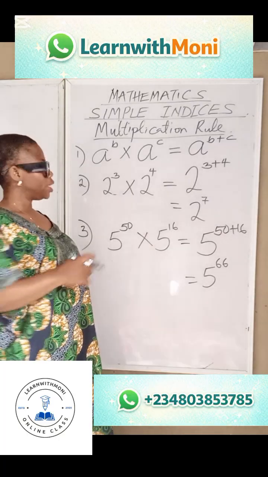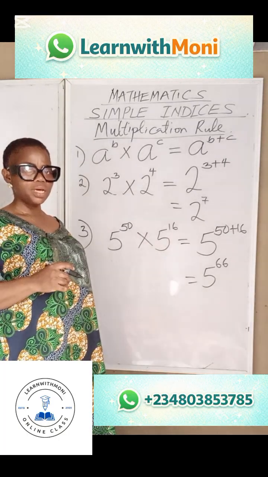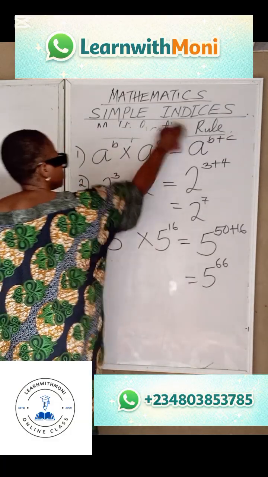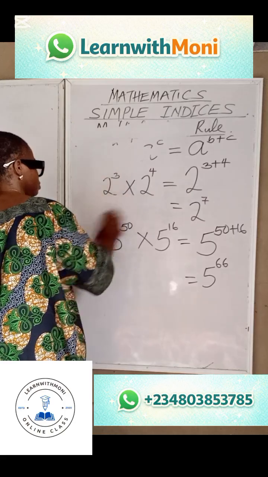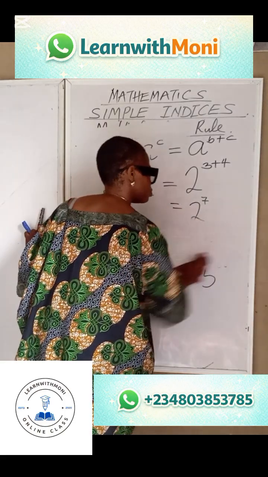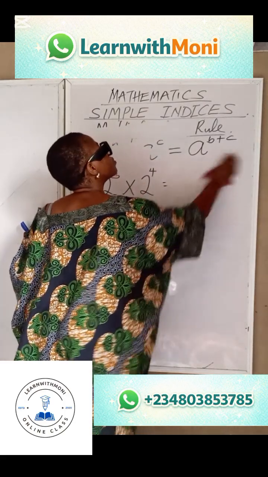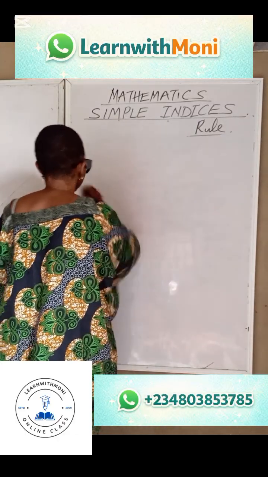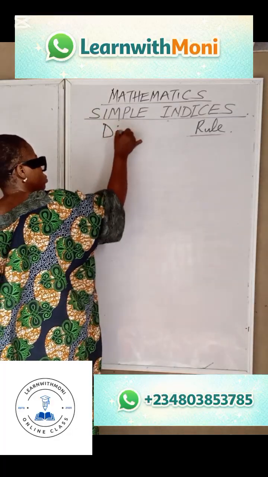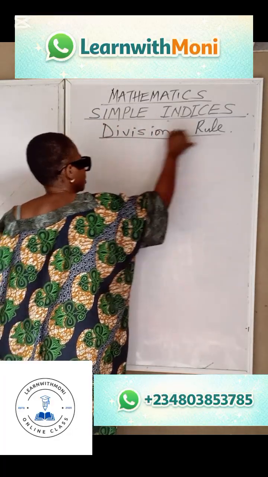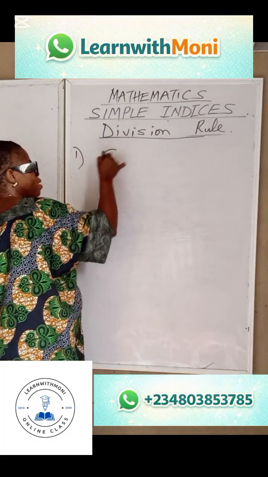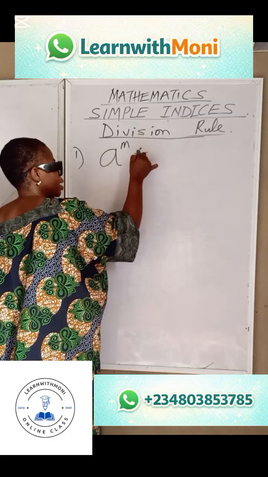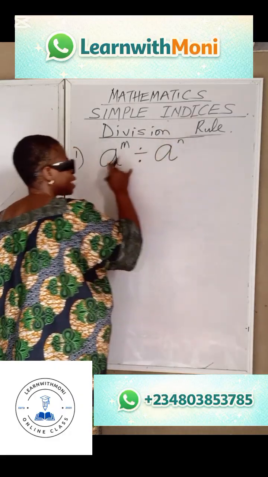What about division? If this is not multiplication and it is division, let's say the division rule of indices. The division rule says that when I have a raised to power m divided by a raised to power n, you can see that the bases are the same.